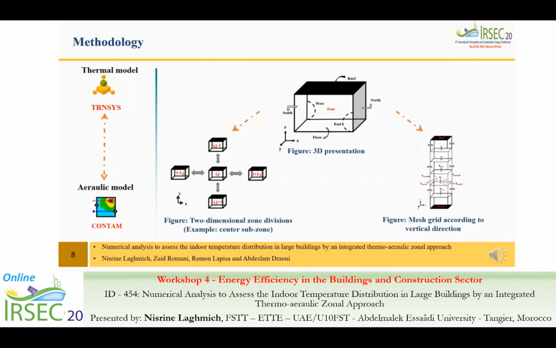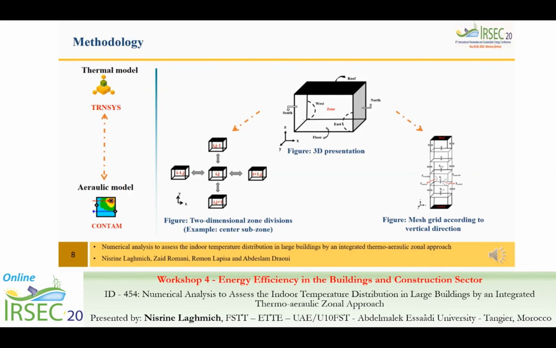This research consists in performing a thermoaerotic zonal model using a coupling of TRNSYS and Comis. As shown in this figure, the indoor space is decomposed into subzones according to horizontal and vertical directions. For the horizontal subdivision, three kinds of subzones exist: corner, middle, and center subzones.